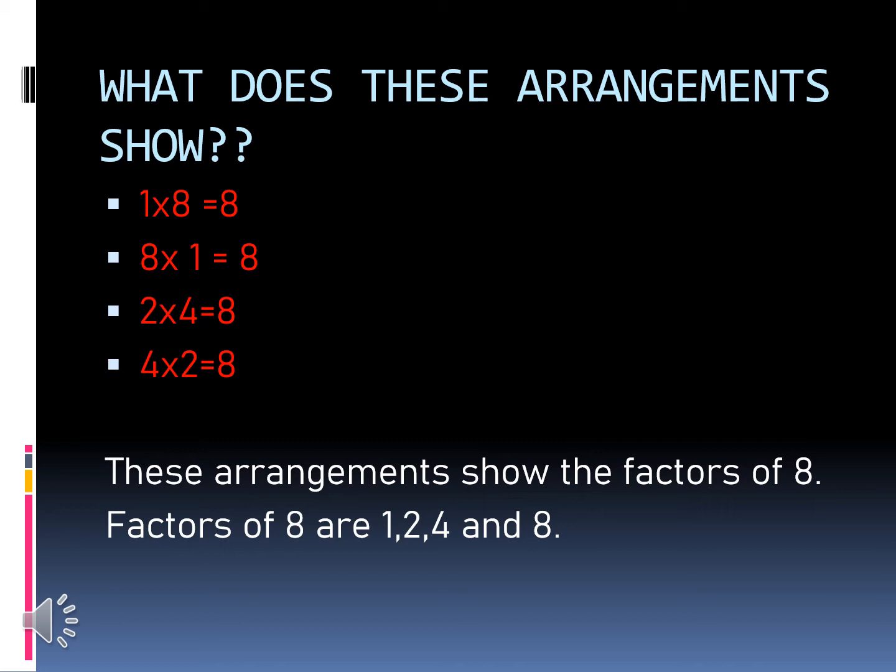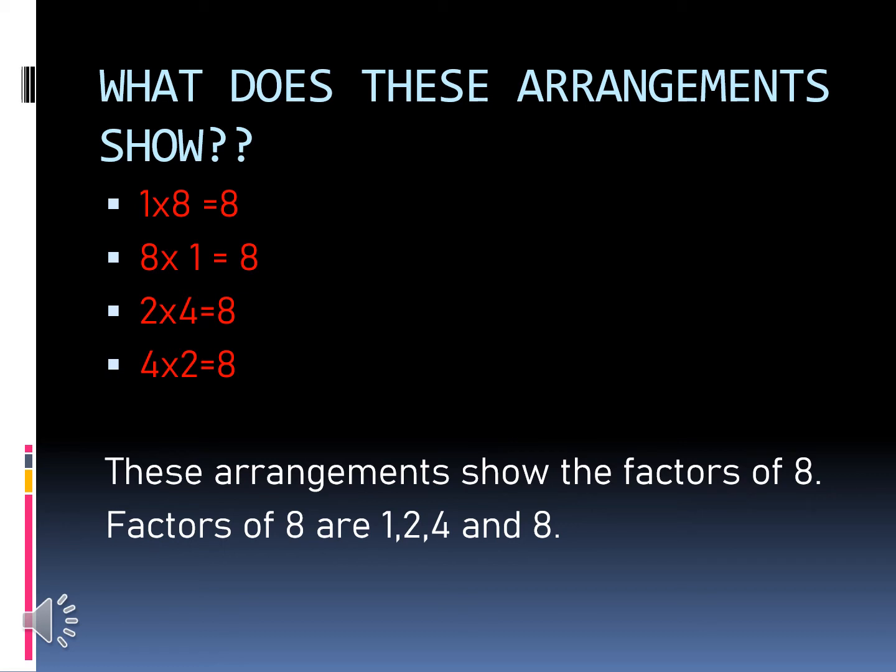So through these arrangements, we can try and arrange and we can find the factors of numbers. Now this is very easy when we get small numbers like 4, 6, 8, but when it comes to bigger numbers, it is not possible for us to try different arrangements because there will be many possible arrangements. So for that you have to be very thorough with the divisibility rules.